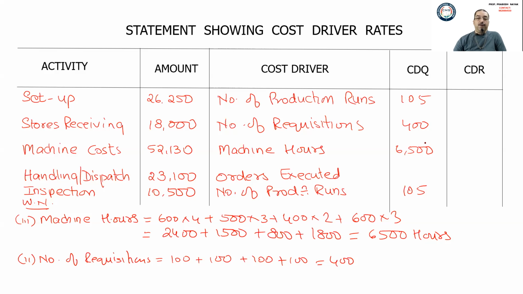Number of orders executed, they have given to us. The number of orders executed was 210. So calculate now.